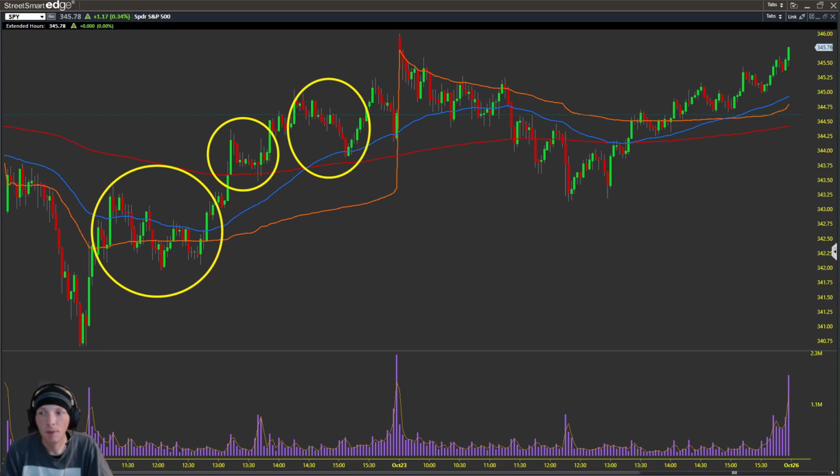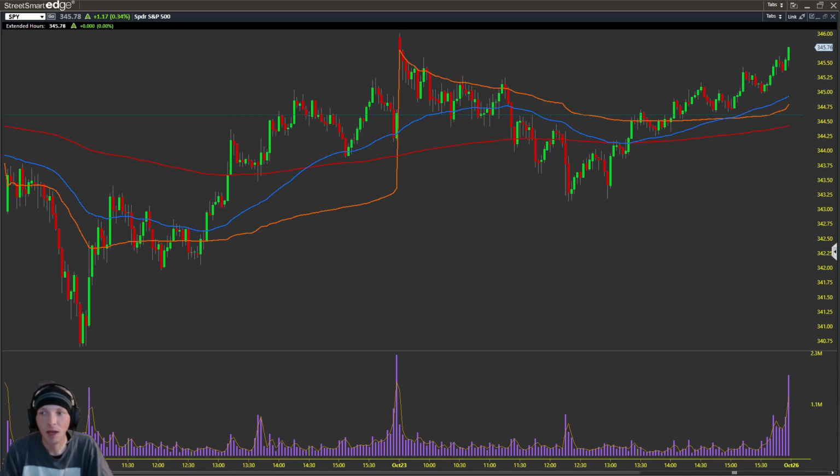But look at how many times this stock came down and hit support on it. Right there, right there, right there, all right here. And then it fell below it and it was acting as resistance all right here. And then was holding as support all right up in here, trending its way on up.